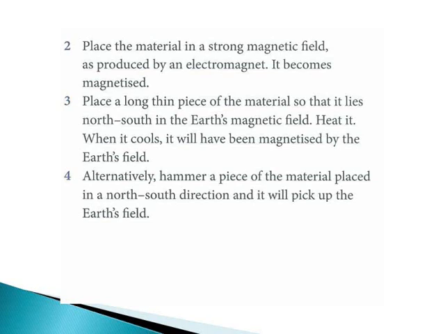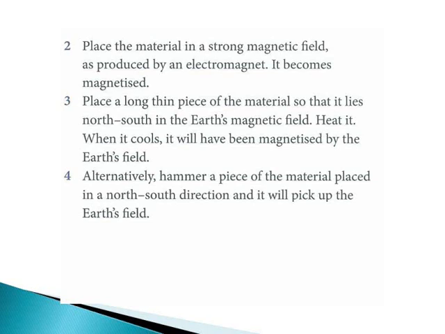The third method is to place a long thin bar of material so that it lies north-south, in the Earth's magnetic field, and then heat it. So the third method is heating the material.